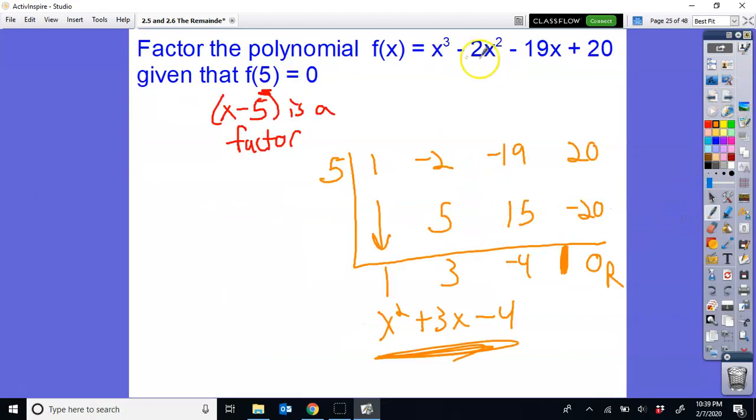Because if we divide this polynomial by x minus 5, that means I can divide it out to the front of the problem and write what's left over. Well, the leftover is your other answer that you get when you divide. So when you divide by x minus 5 here, that is going to give you this answer. That means x squared plus 3x minus 4 is my other factor.